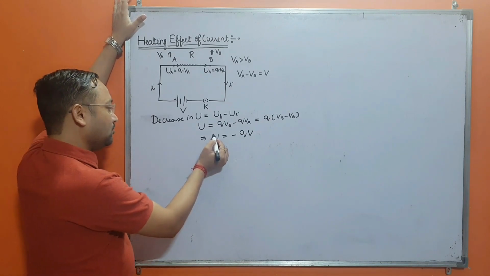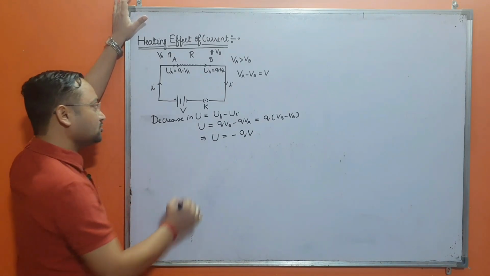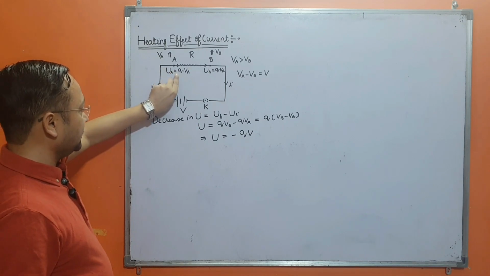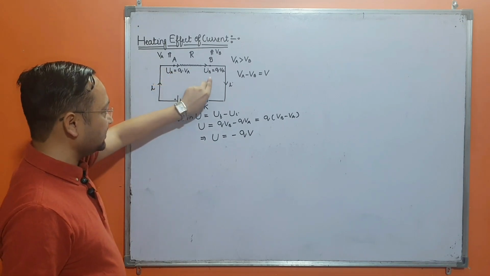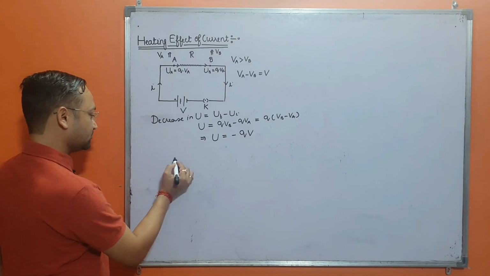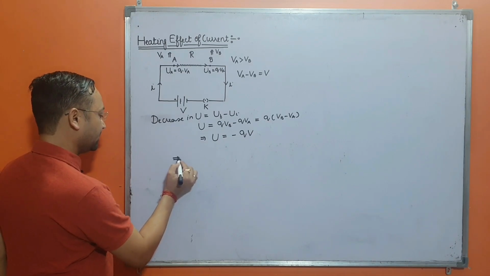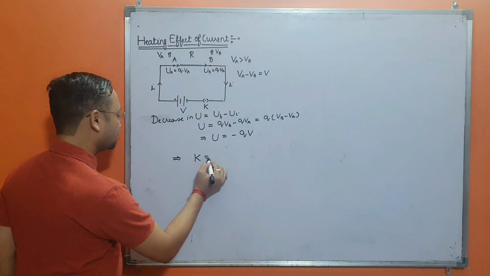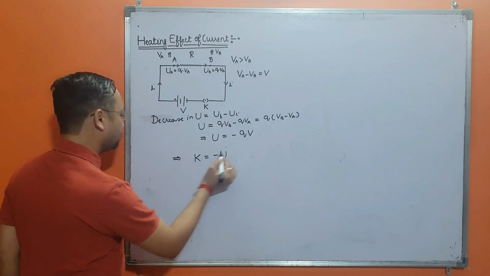This amount of loss in electrostatic potential energy will be converted into the kinetic energy of the flowing electrons, and this kinetic energy causes the heat produced.